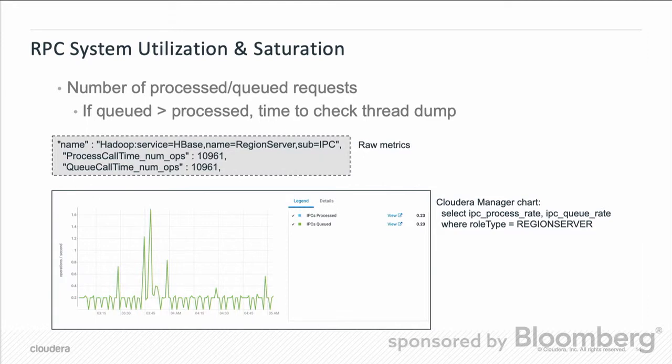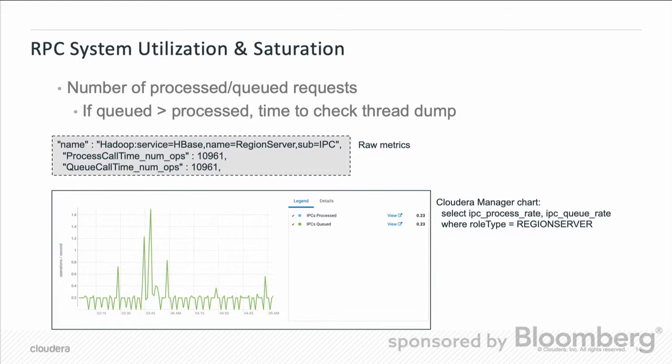We can also check how many requests have been processed and queued so far by the RPC system. I'm showing the raw metric value in the gray area here. Since it's just an incremental value, Cloudera Manager can convert it into a rate, which makes it easy to understand how things are going over time. In this example, processed is the blue line and queued is the green line.